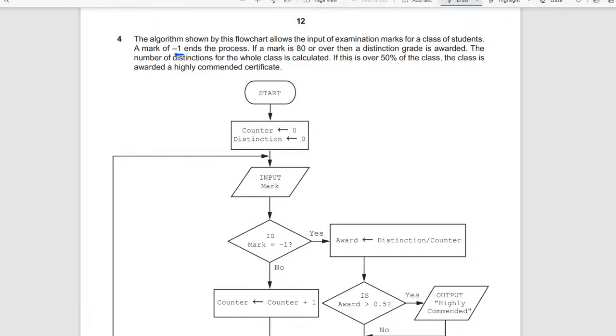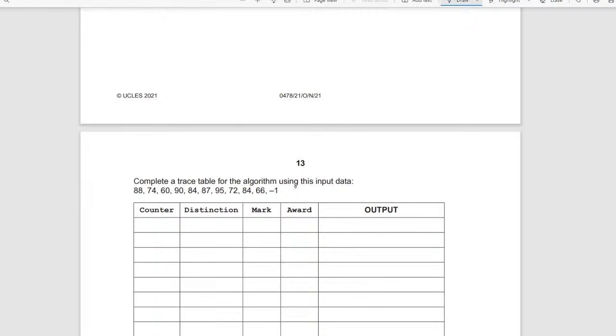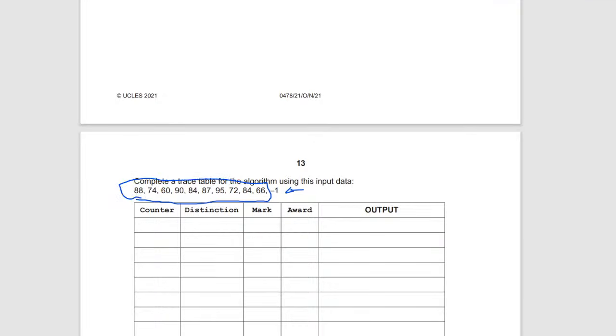So this is quite important, okay, because then whenever it's -1, you already know it ends. So if I go to the question, okay, -1 is last, meaning I'll have to execute all of this in the flowchart. But you see, if it's in the middle, then you already know that the other input values won't be executed, if you know what I mean.